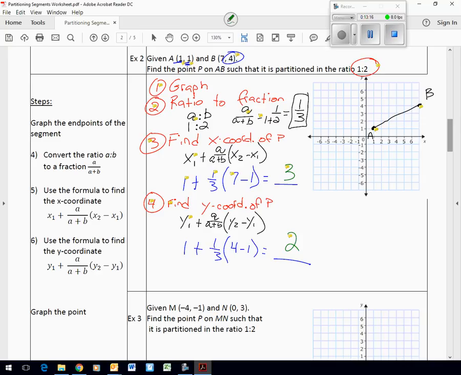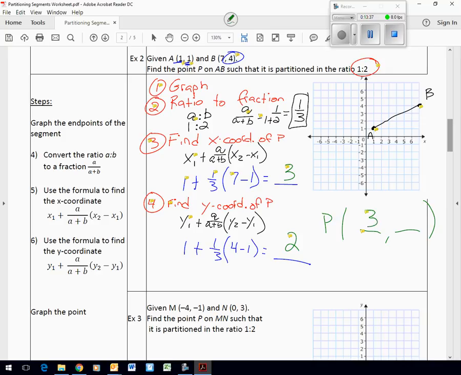Finish this problem off, Mr. Muse. The point P is located at what coordinate points? What's the x coordinate? 3.